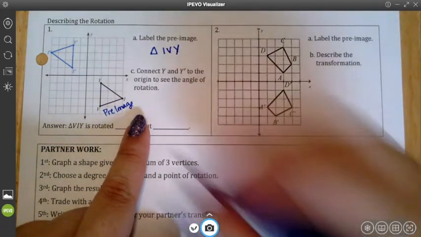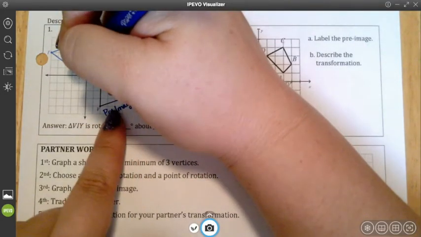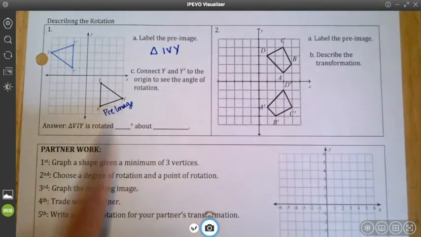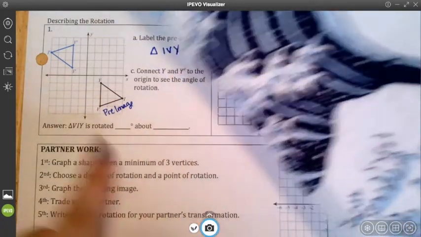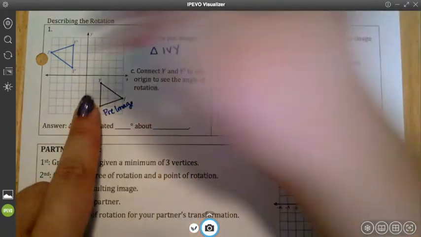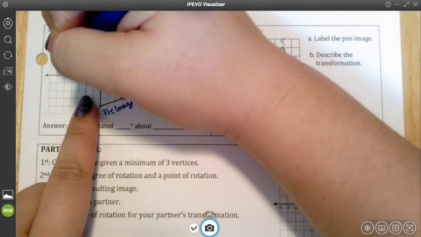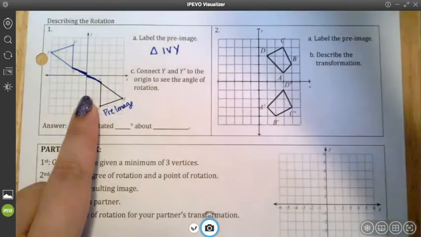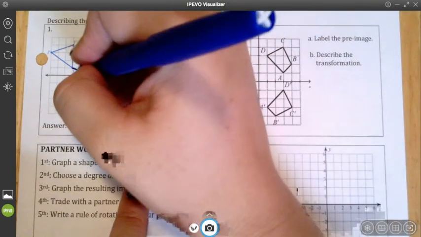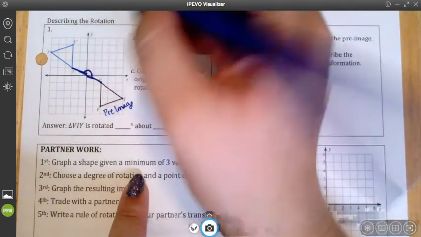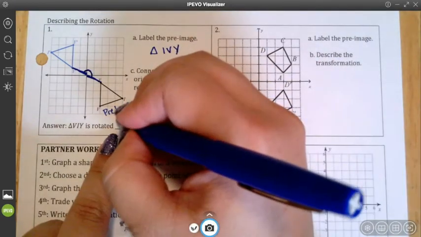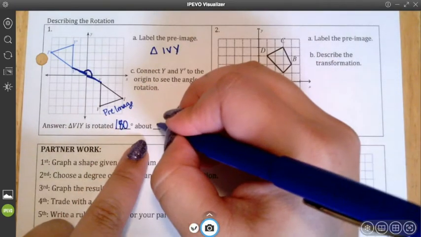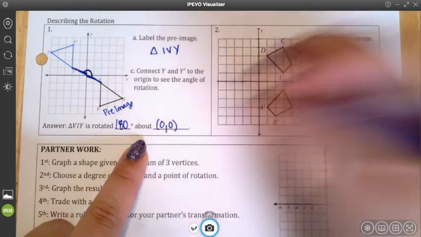You should use a straight edge for this, and I'm going to actually use my straight edge. Okay, so Y and Y prime. What is the angle of rotation? This angle here. Well, you can see it makes a straight line. So the angle is 180 degrees about (0, 0).